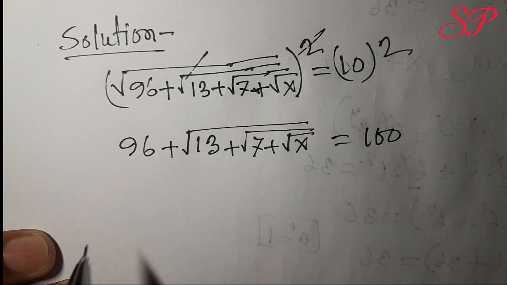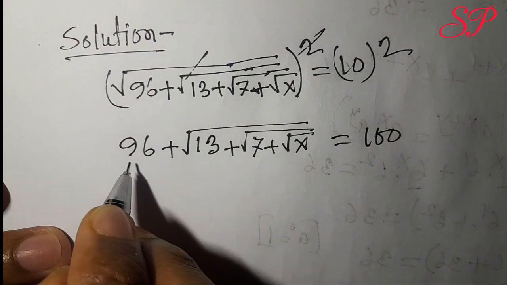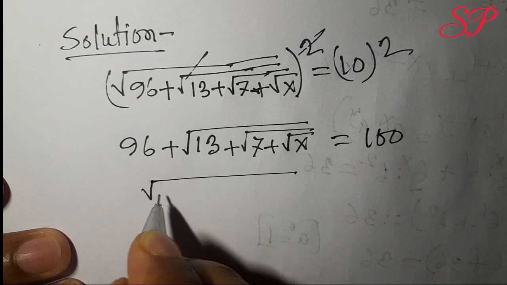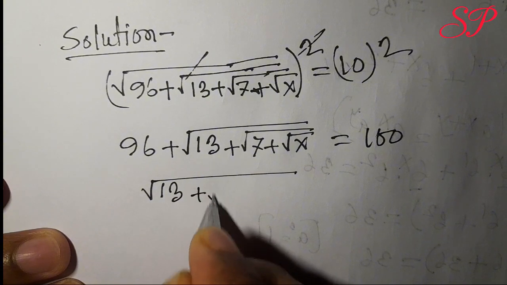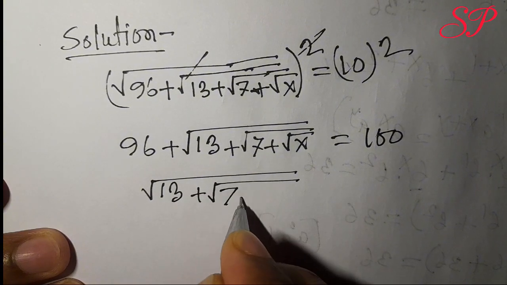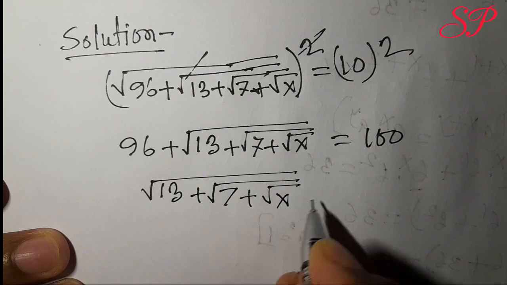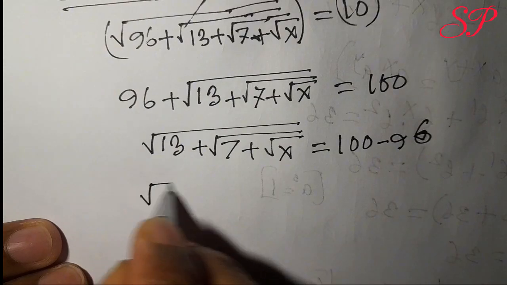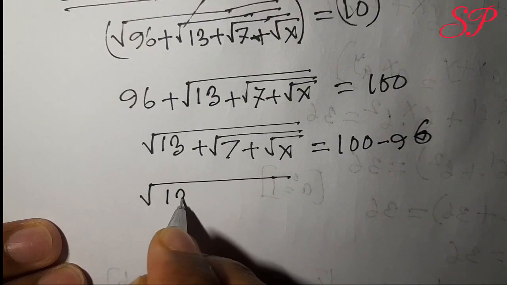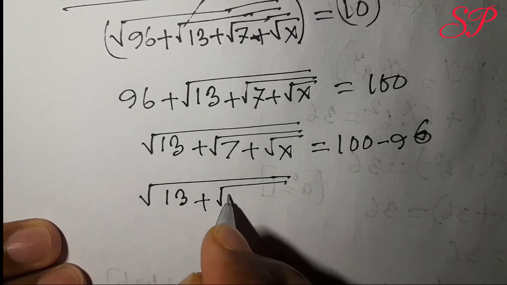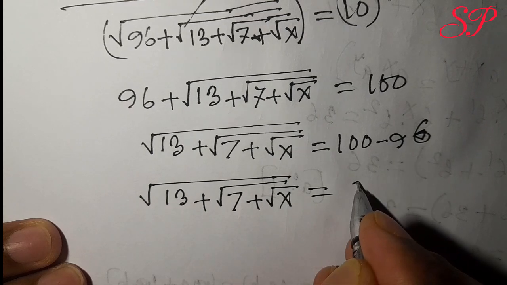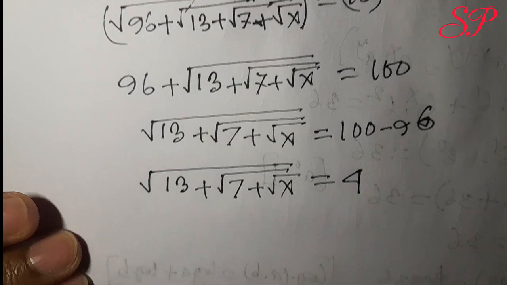Okay, then we transform 96 from the left side to the right side. We can write here root 13 plus root 7 plus root x is equal to 100 minus 96, which is 4.